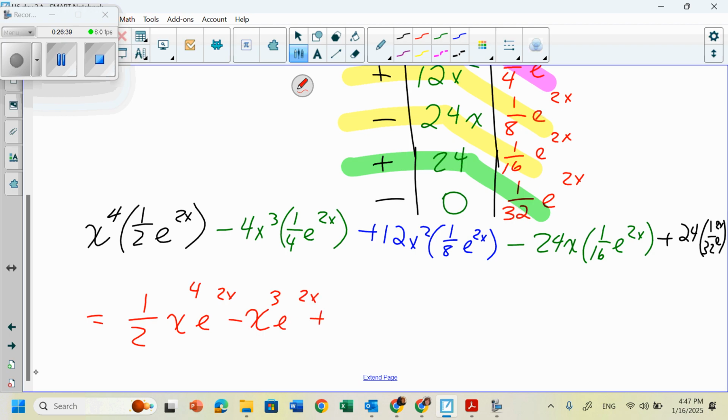Minus, 24 and 16 both have 8, so 3x e to the 2x, and then plus 24 over 8, which is 3 over 4, and there's no x, it's just e to the 2x. And now this is evaluated from 0 to 2.